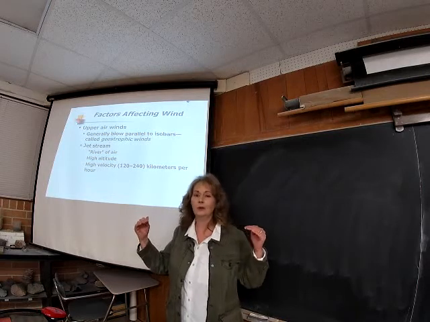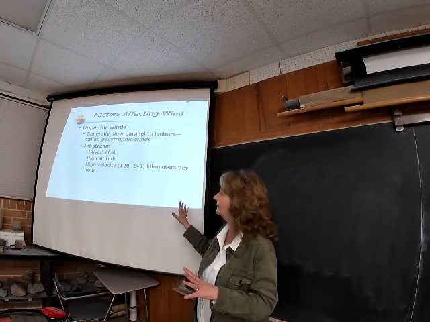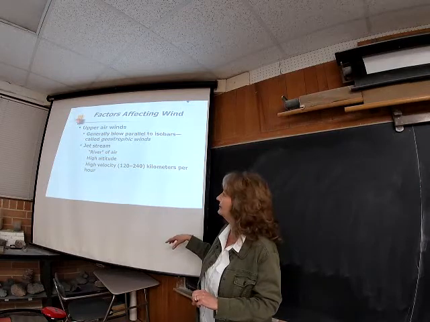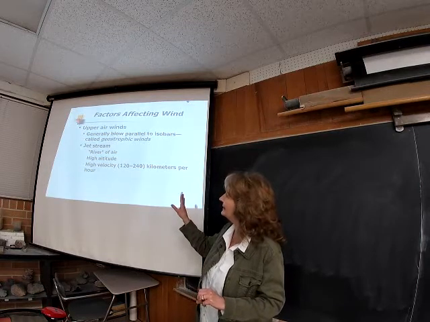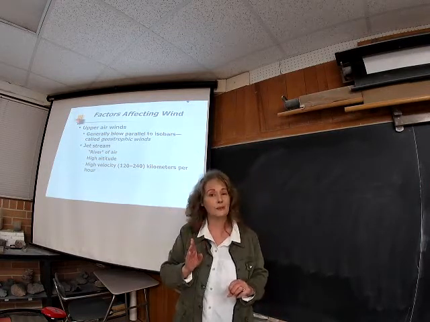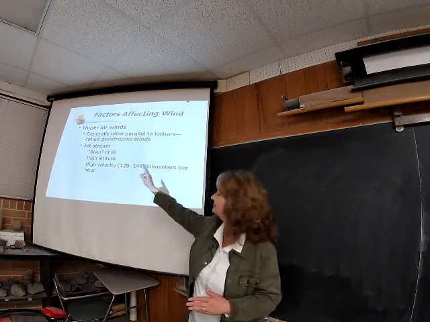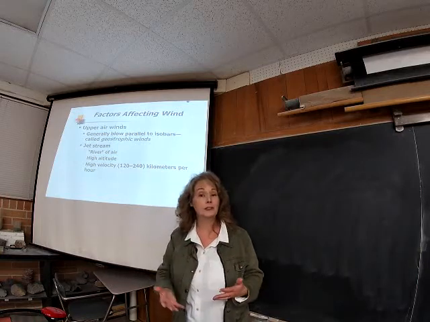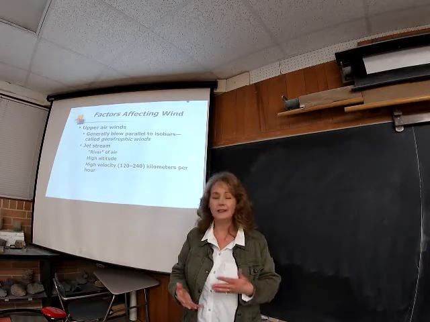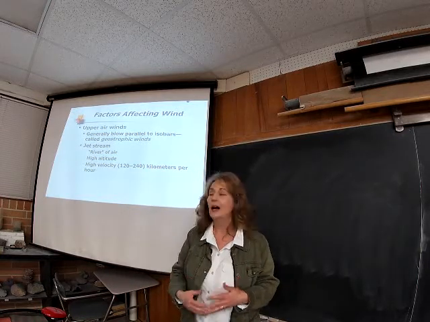They're going opposite of one another. The vectors are balanced. And so because of the balance of those two vectors, you get your wind direction blowing parallel to the isobars. Okay?